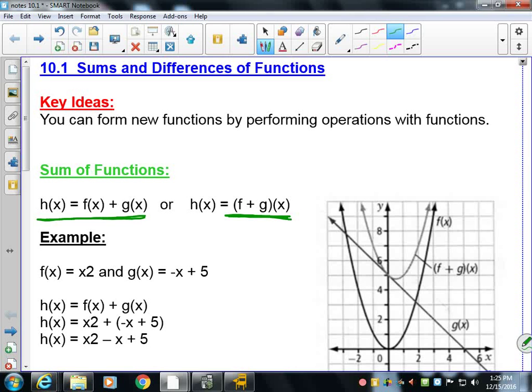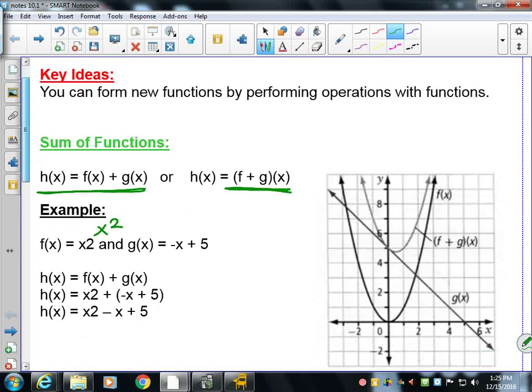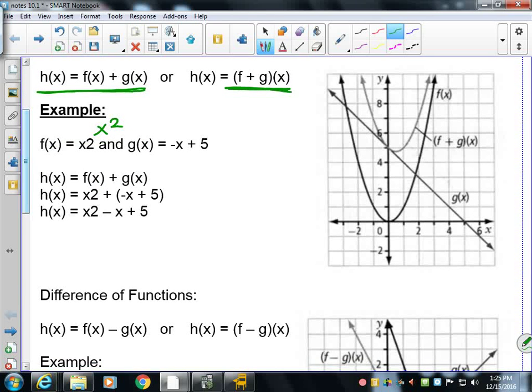So f of x is equal to x squared, and g of x is equal to negative x plus 5. If we're going to add them together, basically you just put it together. f of x plus g of x: f of x is x squared, plus g of x, which is negative x plus 5.